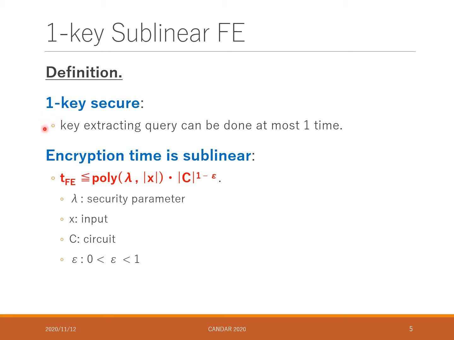The single key security means that in a security game, the key extraction query can be done at most one time. The second one is sublinearity. We say encryption time is sublinear if the encryption time T_FE satisfies this equation.